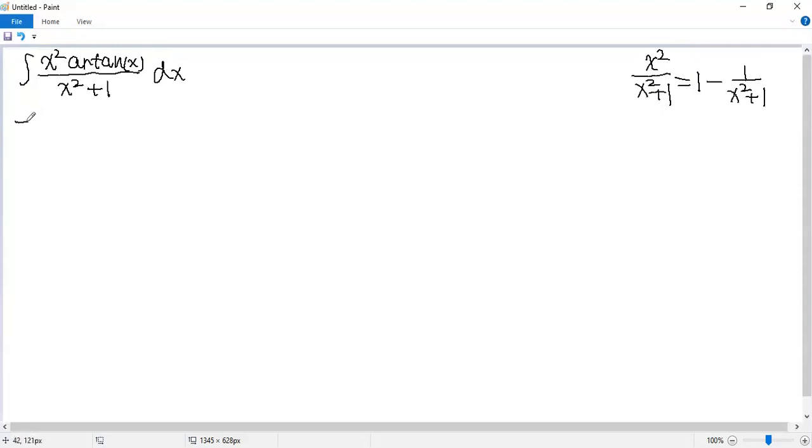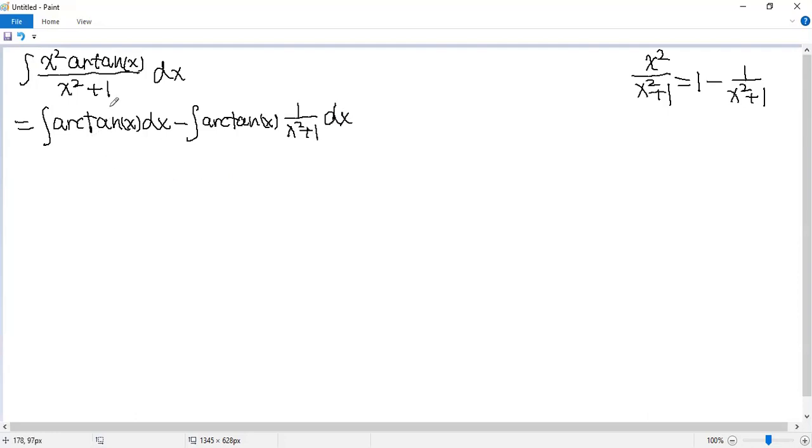So the given integral becomes the integral of arctan x times 1 dx, minus the integral of arctan x times 1 over x squared plus 1 dx.